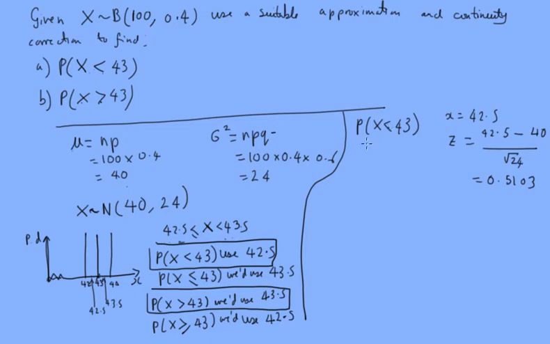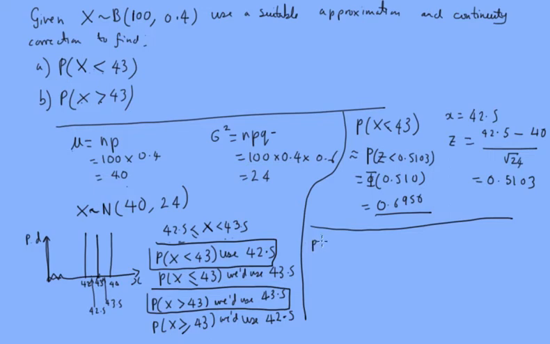So this probability is going to be approximated to the probability that z is less than 0.5103, and so that's equal to our phi function, which we read off our table and is 0.6950. So that's the value of our probability.